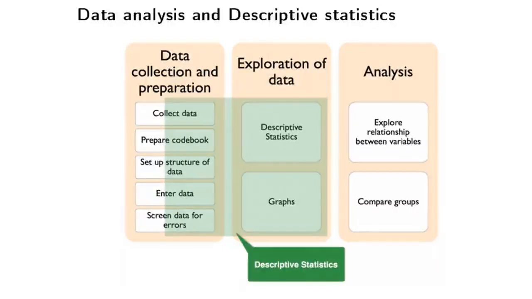So we also have data analysis and descriptive statistics. So yung kanina nating pinakita na diagram, yung descriptive statistics ay papasok dun sa dalawang columns, namely data collection and preparation and exploration of data.